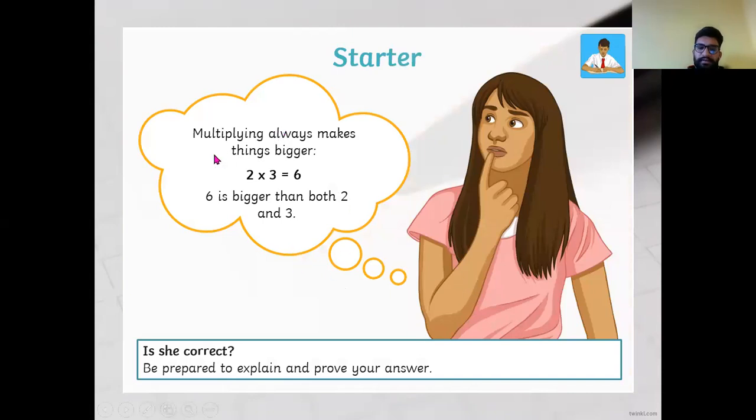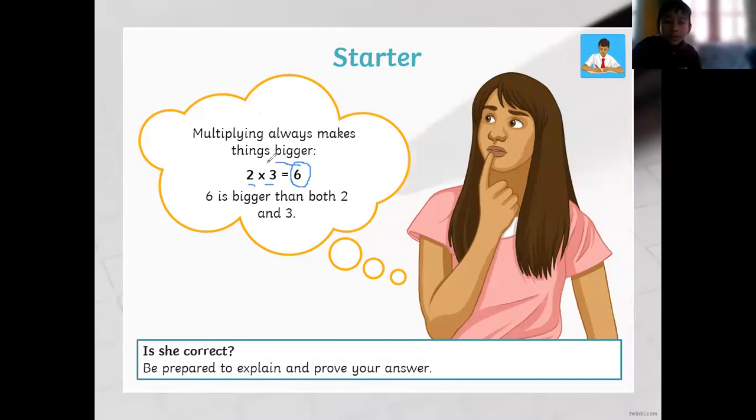Look at what this slide is telling you. When you multiply any two numbers, suppose you multiply 2 and 3, what is the result? 6. Is 6 bigger than 2 and 3? Yes, 6 is bigger than 2, and it is bigger than 3 as well, right?